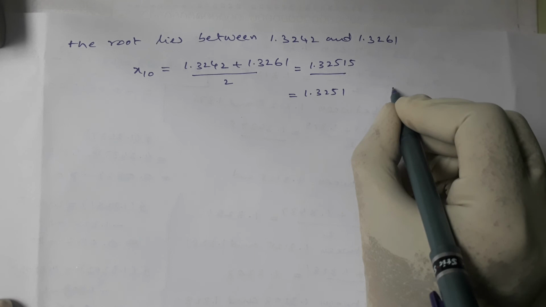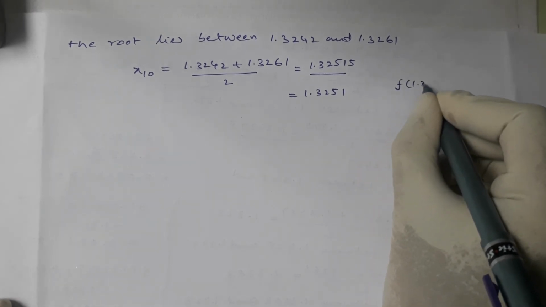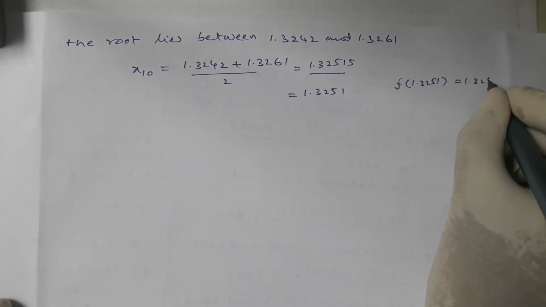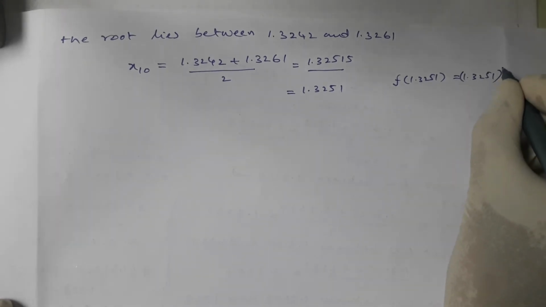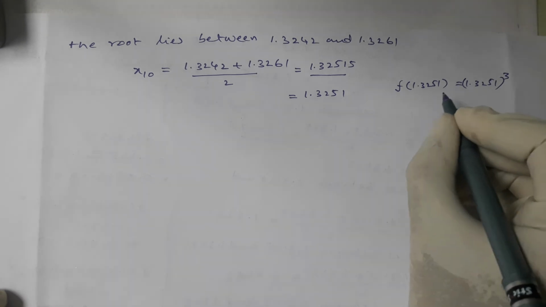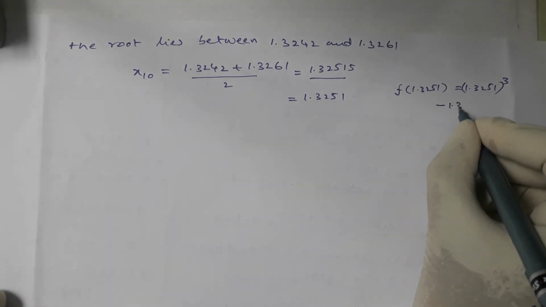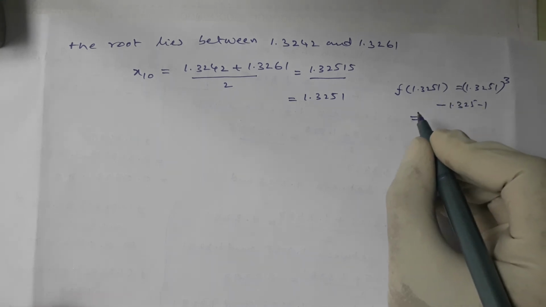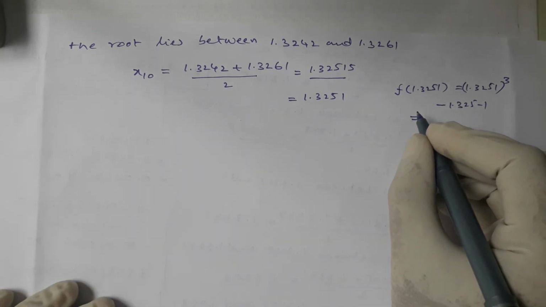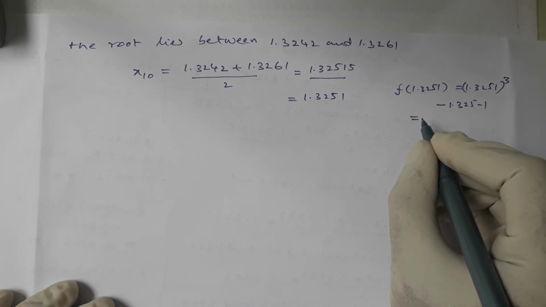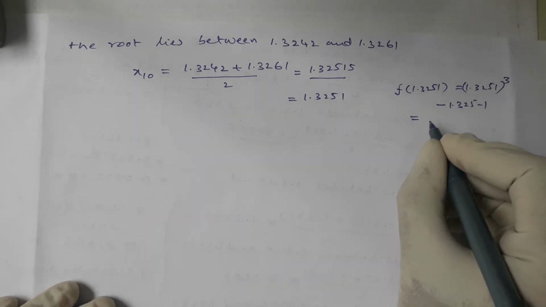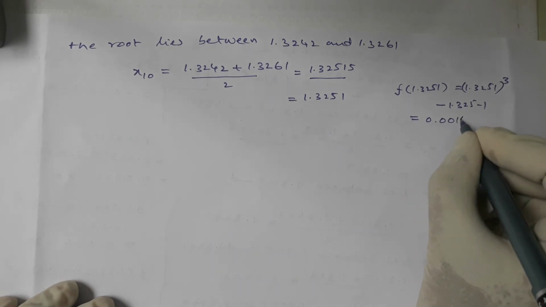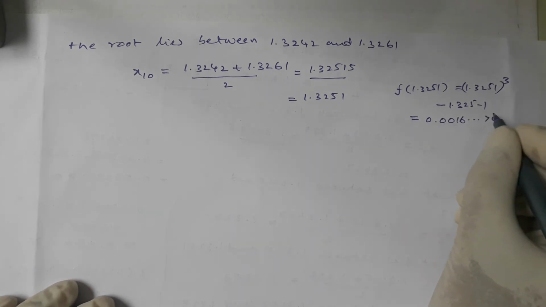So f of 1.3251 is equal to 1.3251 whole cube minus 1.3251 minus 1, and the simplification is 0.0016, which is greater than 0.